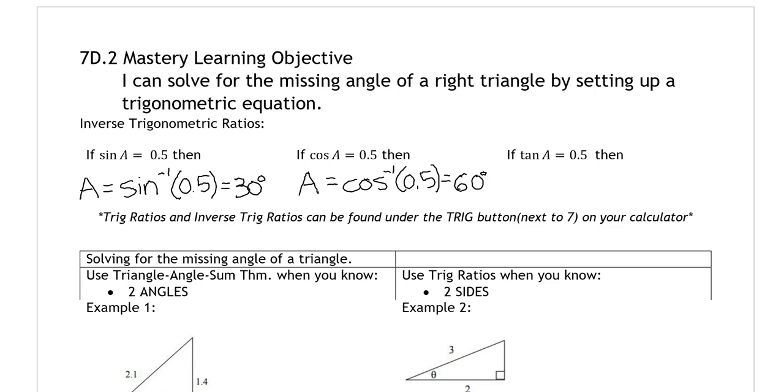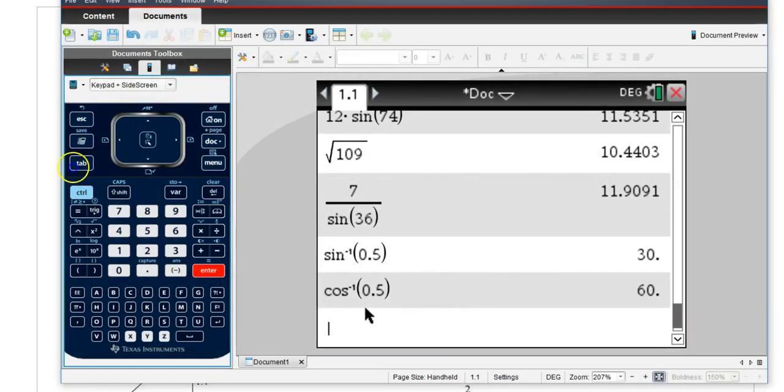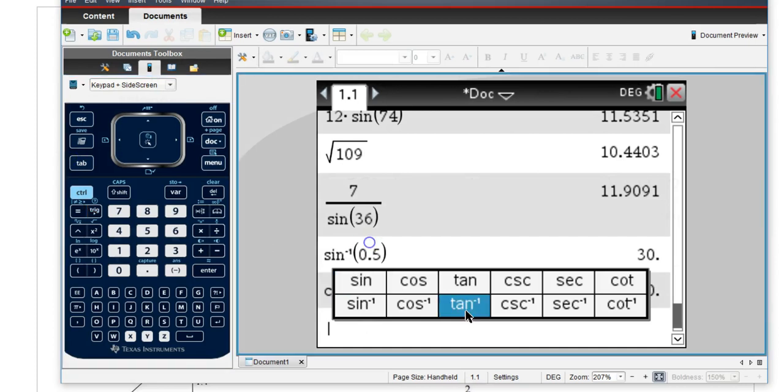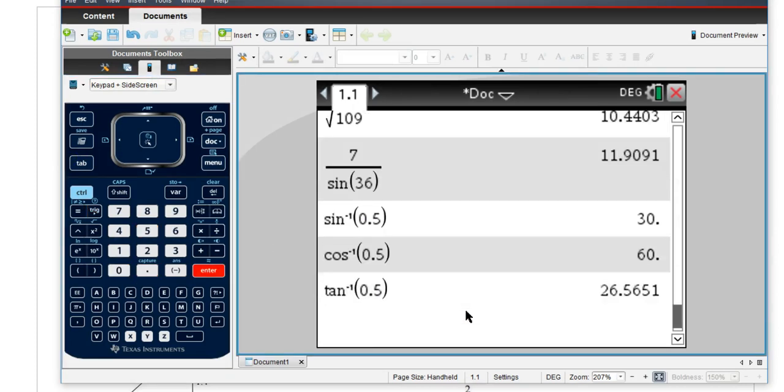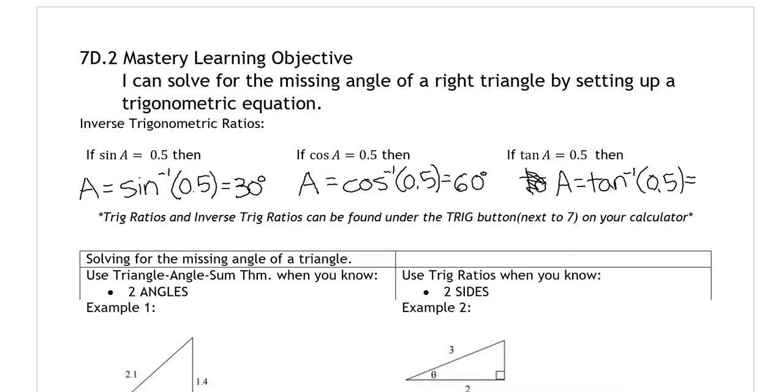And finally, if tangent of A equals 0.5, then A equals the inverse tangent of 0.5. Typing that in my calculator, the inverse tangent of 0.5 is, we'll say, 26.6 degrees.